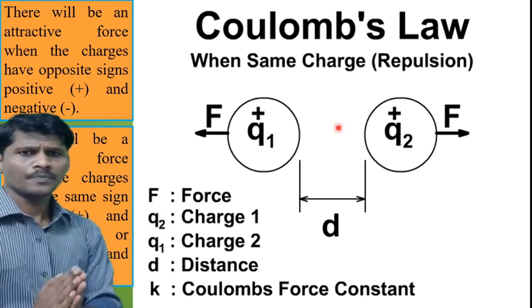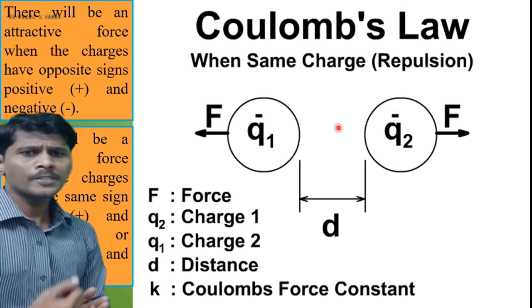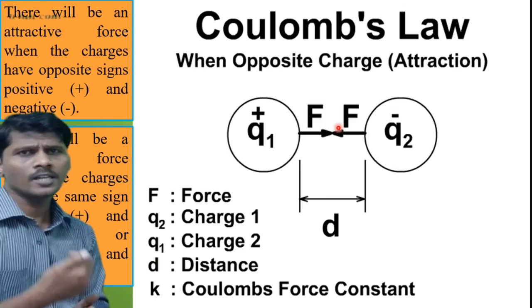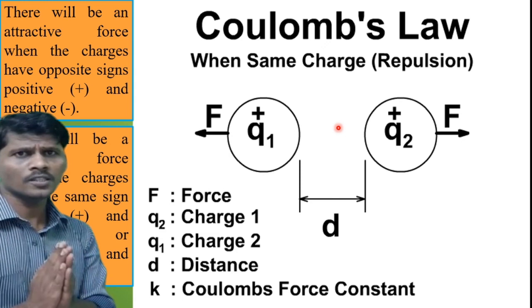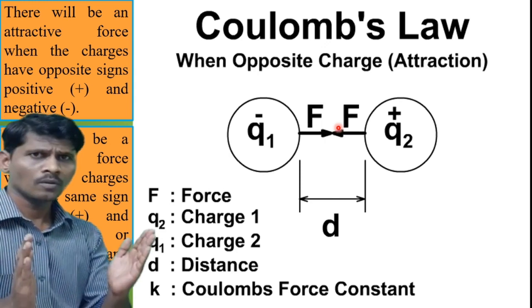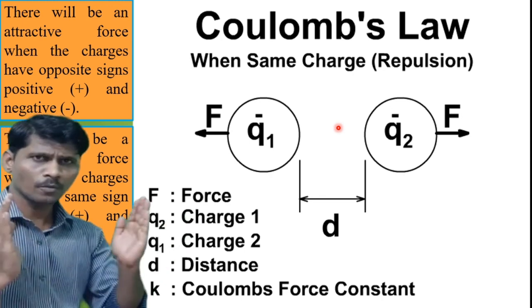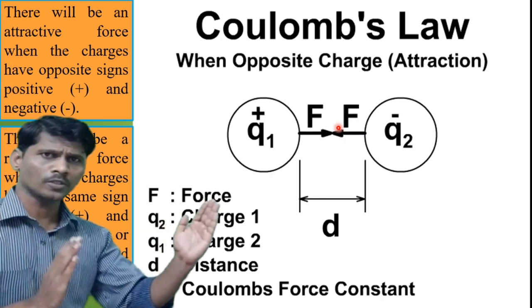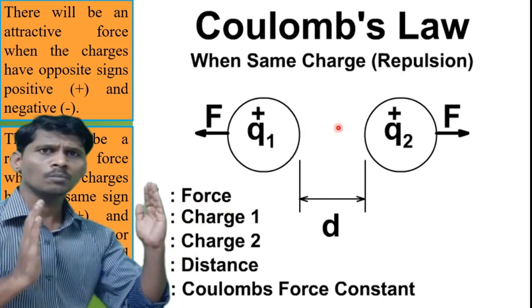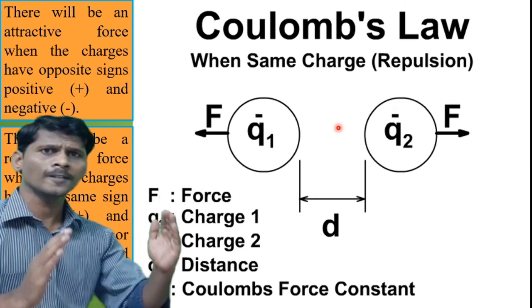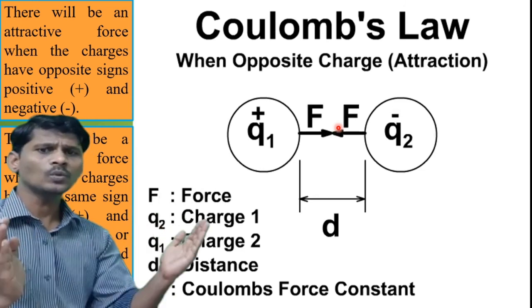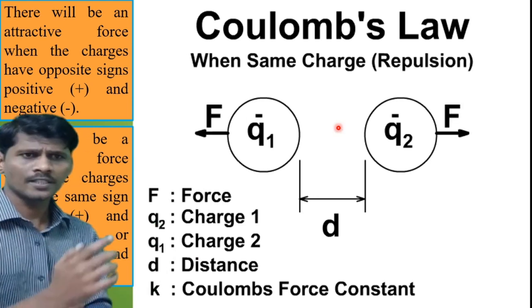Attractive force. There will be a repulsive force when both charges have the same sign, both positive or both negative. What is the force between two positive charges or two negative charges? They repel each other. See the animation.